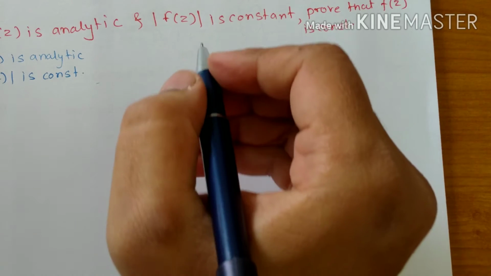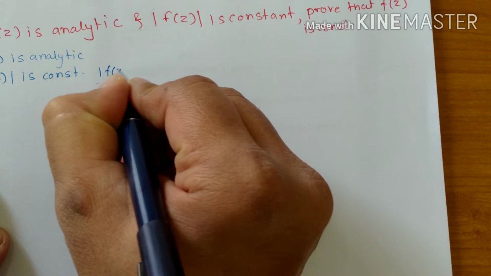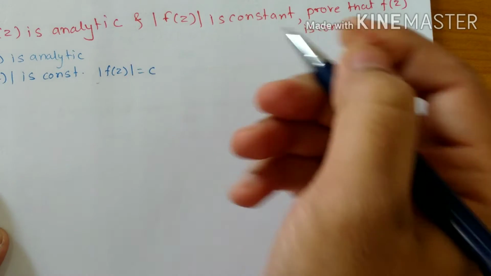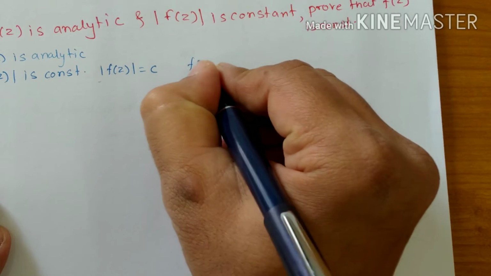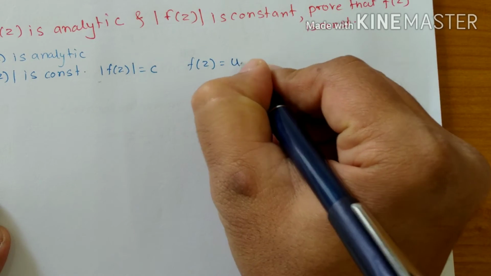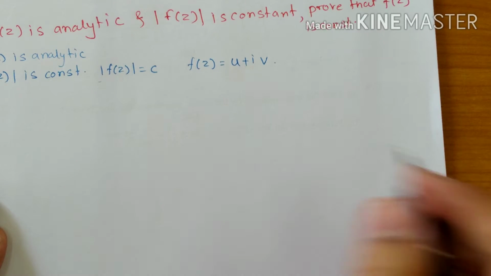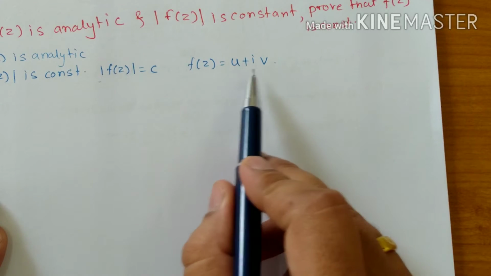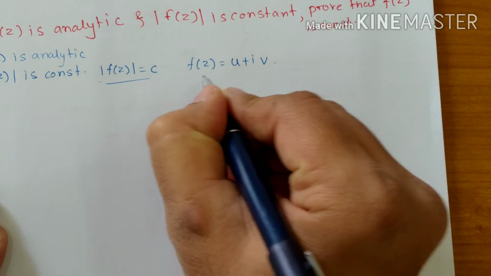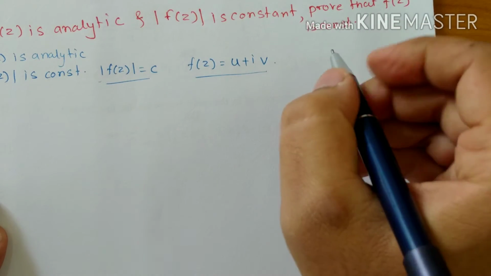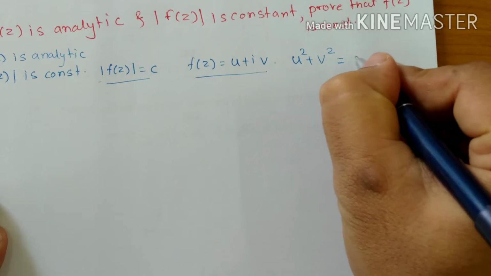Now, as modulus of f of z is constant, we call mod of f of z equal to some c, and f of z is equal to u plus i v. f of z is a complex function, so it can be expressed as u plus i v. Hence from these two one can say that u square plus v square is equal to c square.